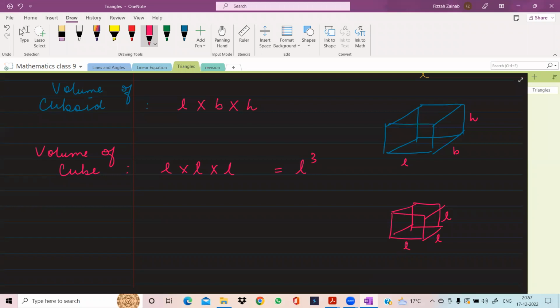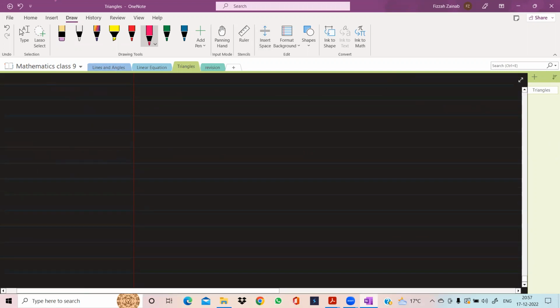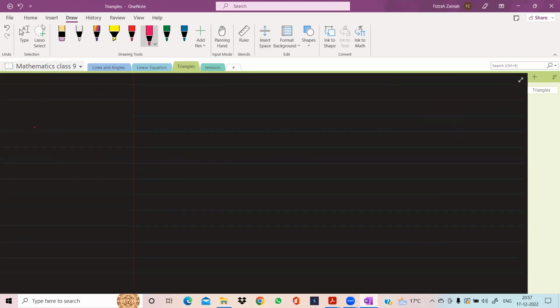You can denote it by L, you can denote it by A, or you can write side cube. It's the same thing, just the notation we are using. So this is the volume, side cube. The first exercise 13.5 is only for cube and cuboid. So let us do that.